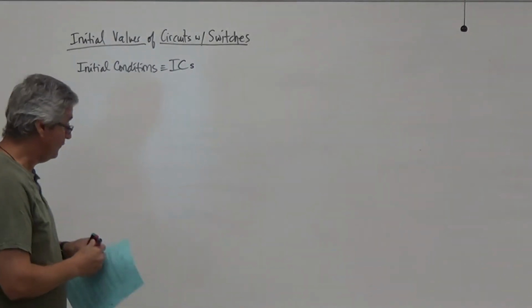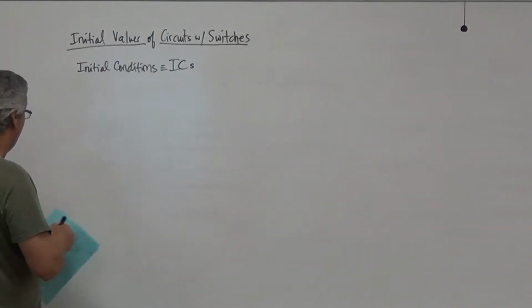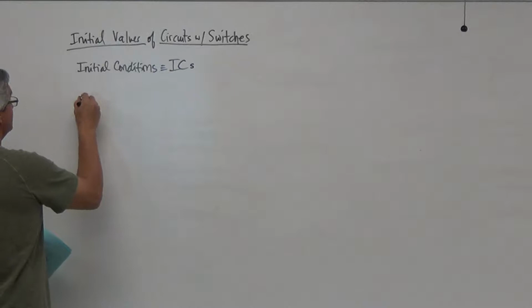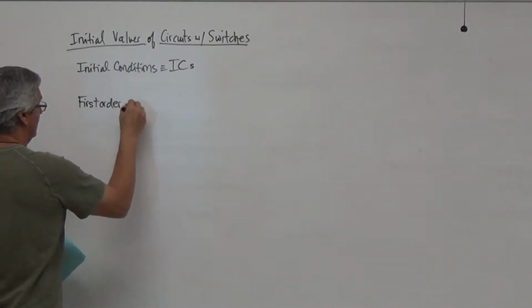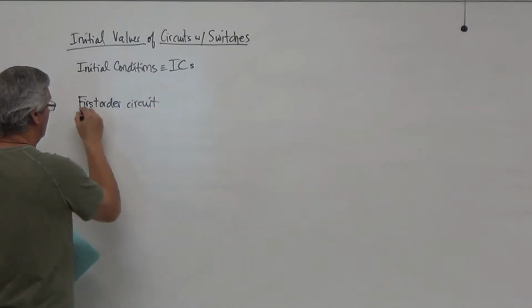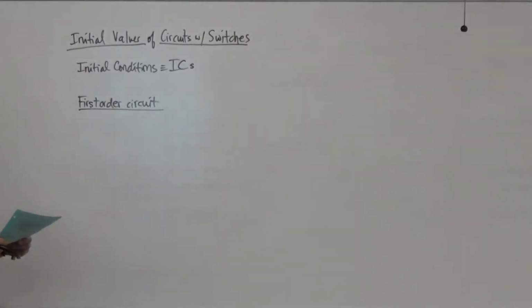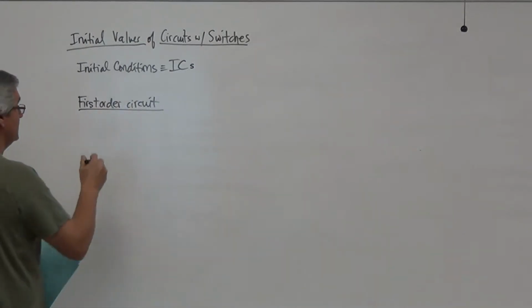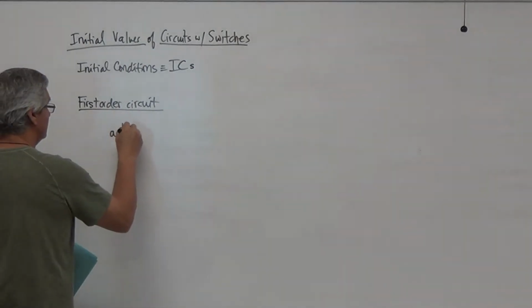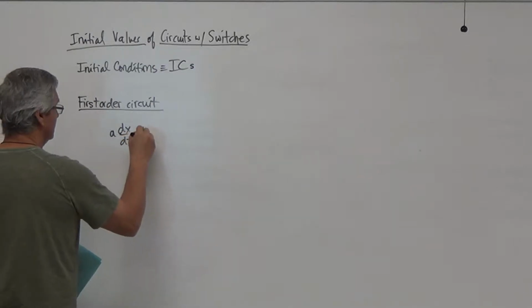And so if I look at a first order circuit, what you're going to see here is that as we get into chapter 8, you're going to end up with an equation that may look something like this loosely.